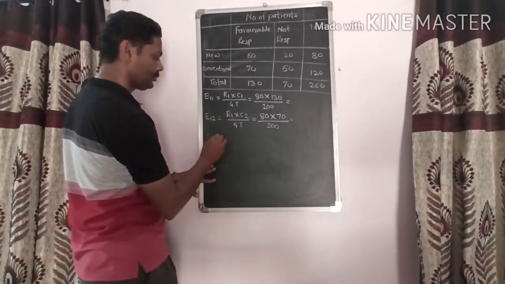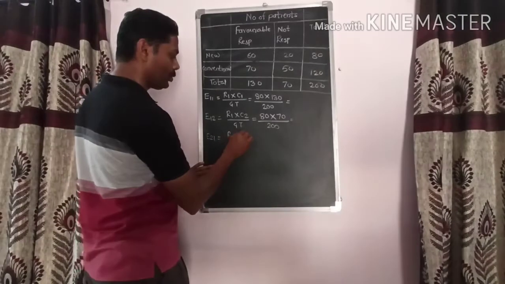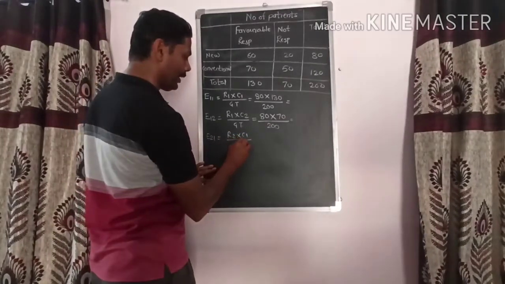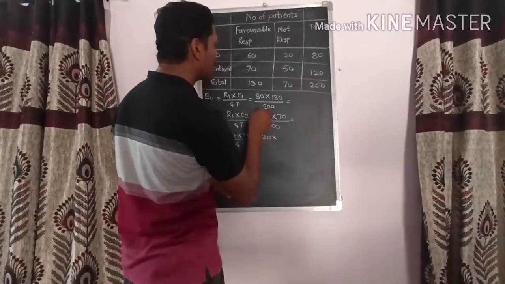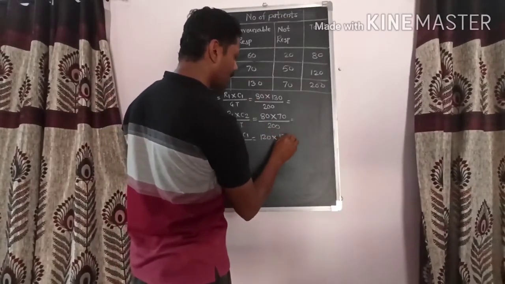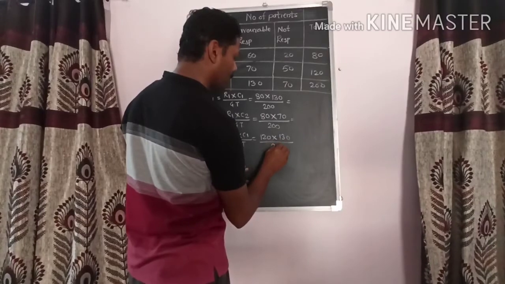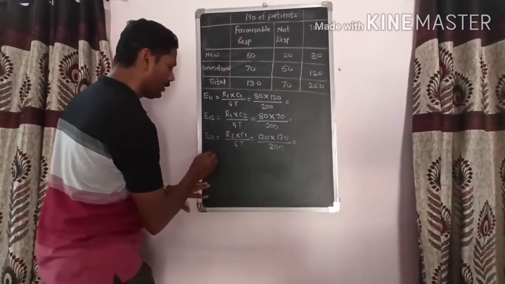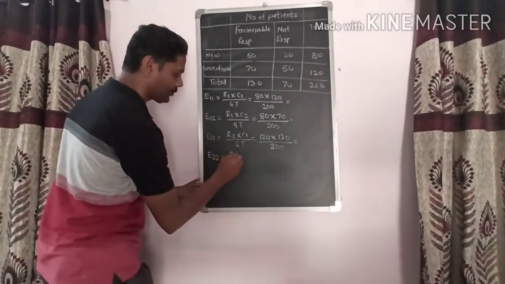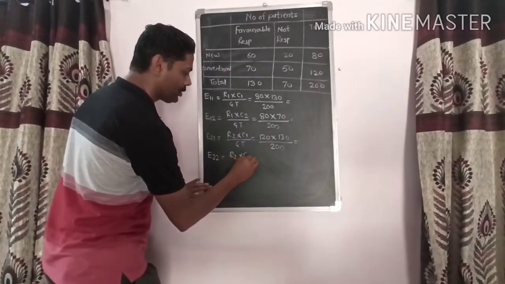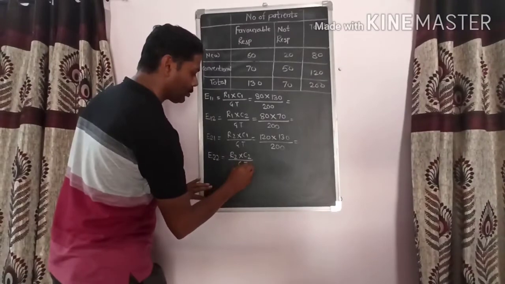E21, R2 into C1 divided by grand total. R2 second row total, 120. C1 first column total, 130 divided by grand total, 200. And last expected frequency E22, it is R2 into C2 divided by grand total.